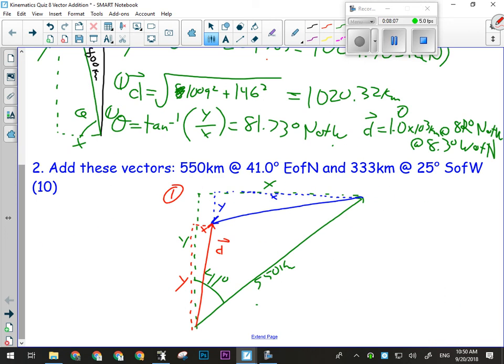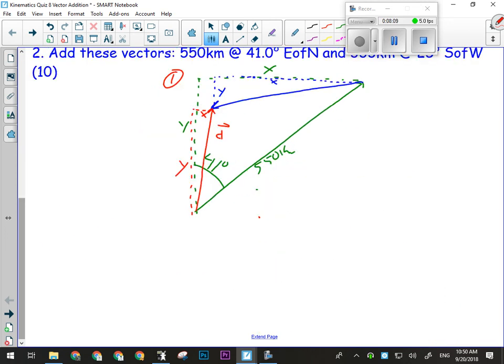Okay, so now that we've got our diagram for 1 mark, now we need to start calculating all our X's and all of our Y's. So green X is the opposite side, so that will be the sine of 41 times 550. Okay, and Y then will be the cos. I should give myself a little bit more room.